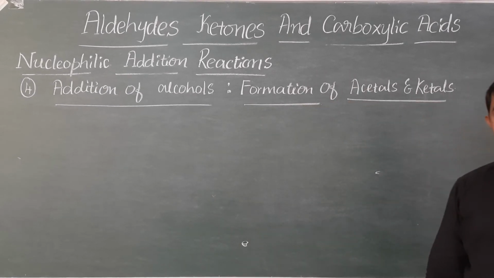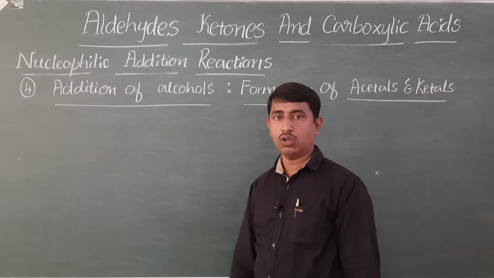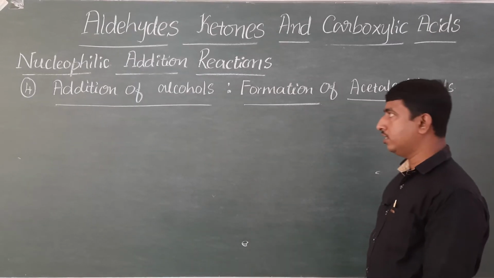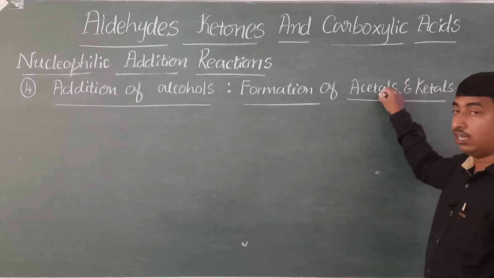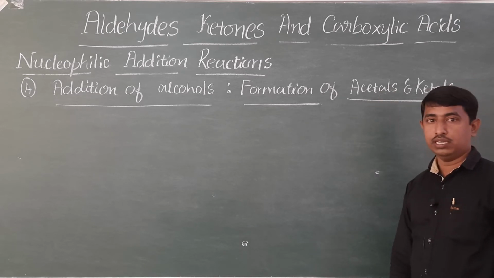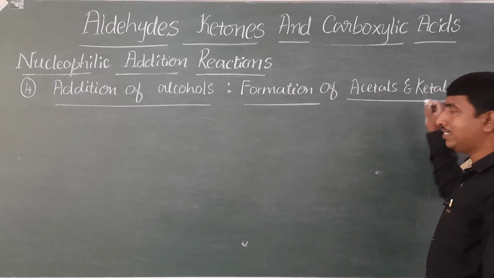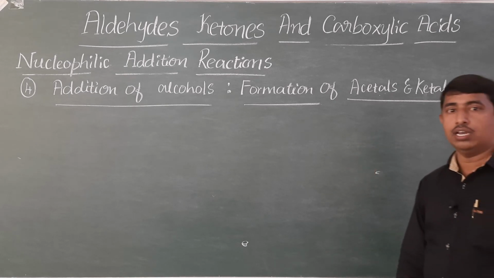So aldehydes and ketones undergo addition reaction with alcohol, forming acetals and ketals. Acetals are the products formed when aldehyde reacts with alcohol. Ketals are the products formed when ketones react with alcohol.